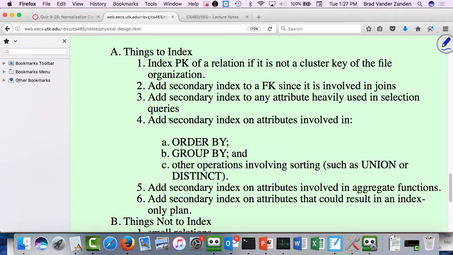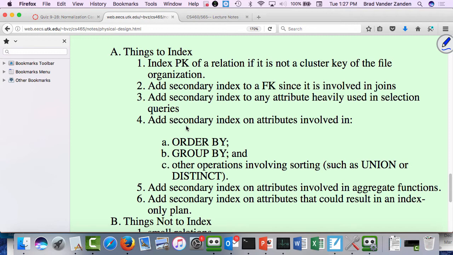Okay, it's also common to add secondary indices on attributes that are involved in order by clauses, group by clauses, and other operations that involve sorting, such as union or distinct. And the reason is, if we are commonly saying group by, then it would be nice if the attribute can be accessed in its alphabetical or numeric order.